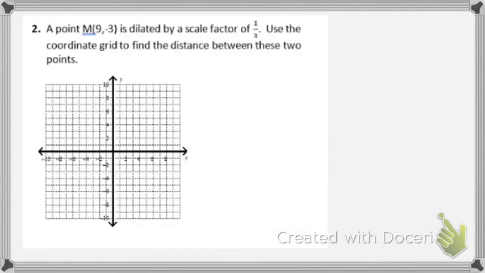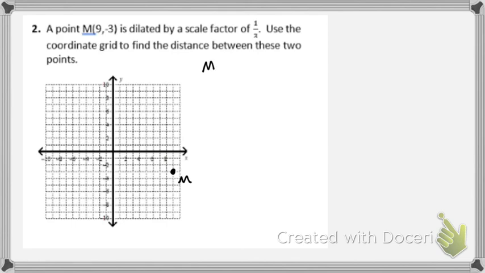In our last example, we have a point M, which is 9, -3, is dilated by a scale factor of a half. Use the coordinate grid to find the distance between the 2 points. So M is going to be 9. So let's count 1, 2, 3, 4, 5, 6, 7, 8, 9. And down -3. So right here, this is M. And it's a scale factor by a half.